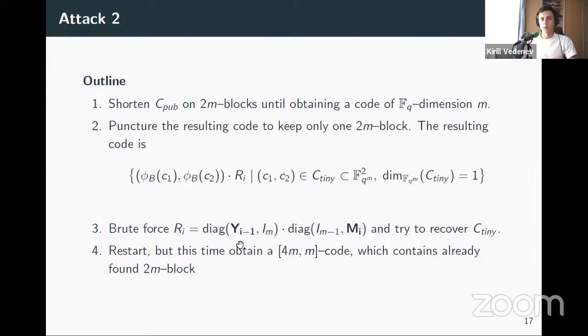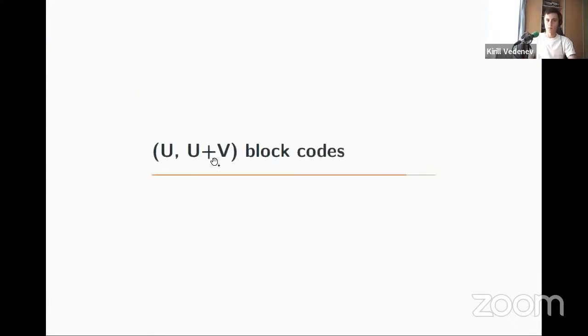So once one matrix Ri is found, we can find all the errors by restarting the same procedure. So here is how this attack is performed.